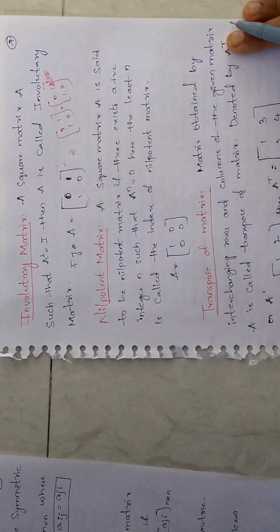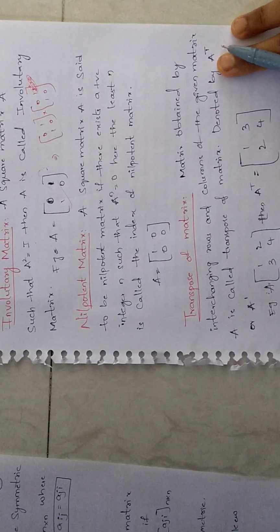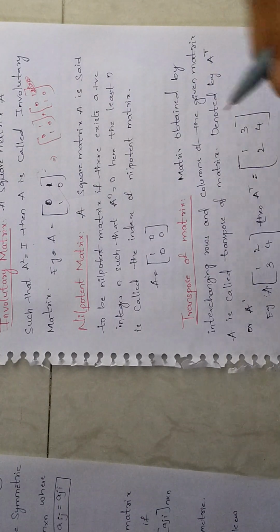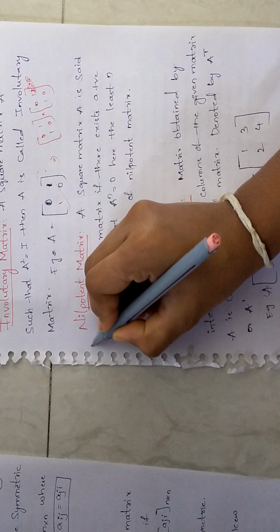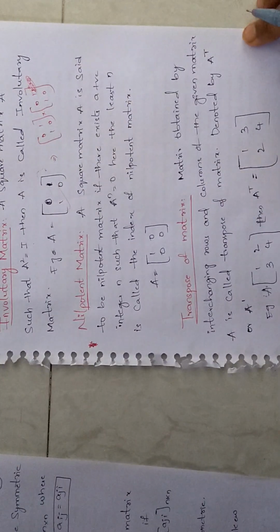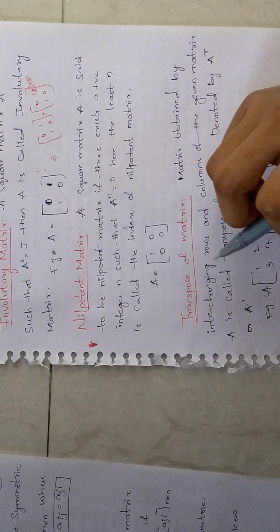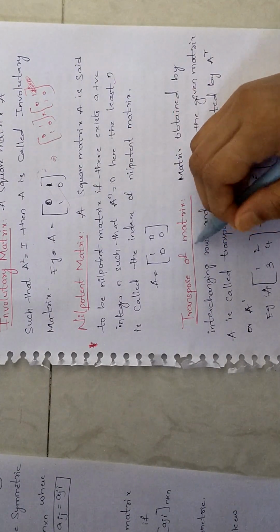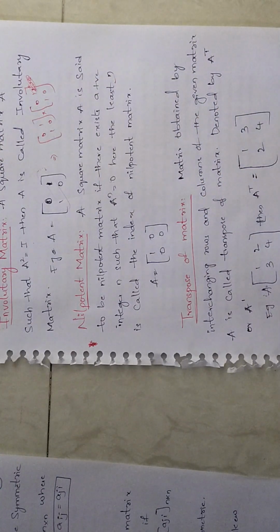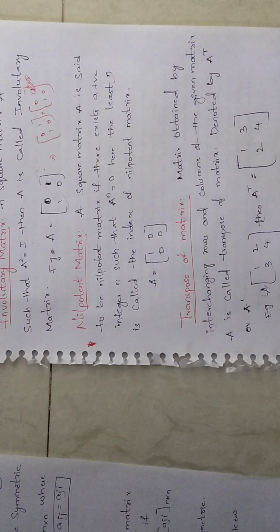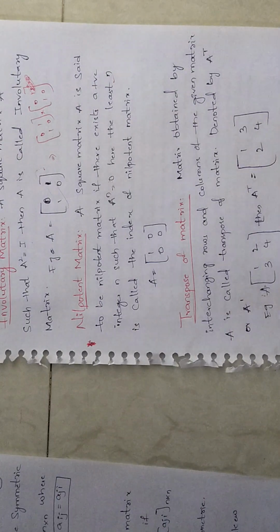And the nilpotent matrix. A square matrix is said to be a nilpotent matrix, and this is important, when A power n is 0. Here n can be any index. That means if you are computing A square, A cube, A power 4, A power 5 for the given matrix, and at A power 6 you get all the elements as 0, then that matrix is called a nilpotent matrix.